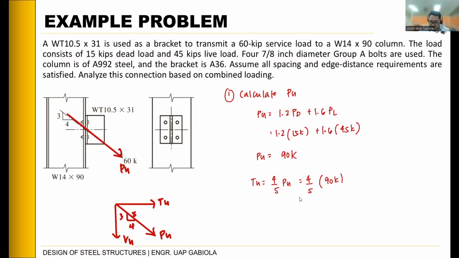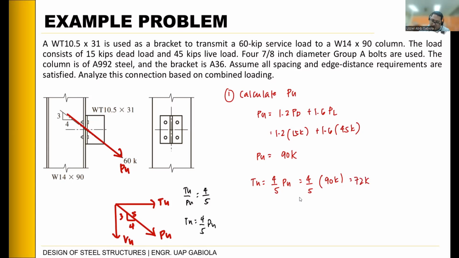So, we have TU over PU equals 4/5, the opposite side over the hypotenuse, which is 5. Cross multiply, that is 4/5 PU. So, we have 4/5 times 90, that is 72 kips.